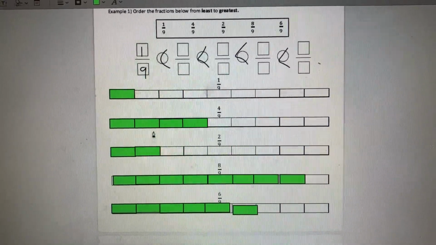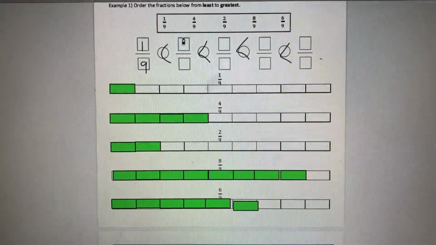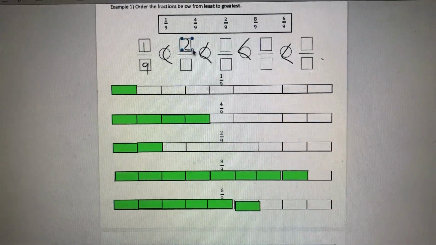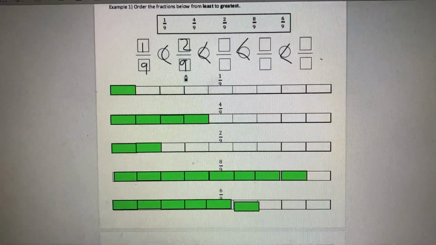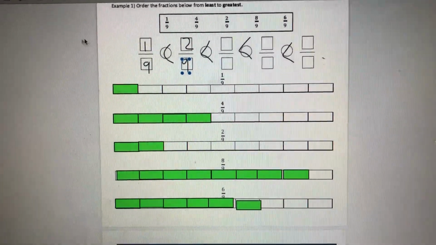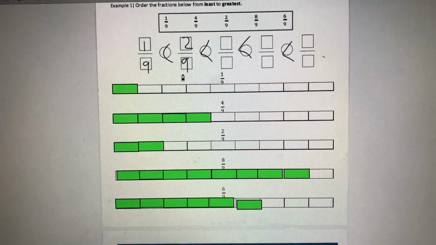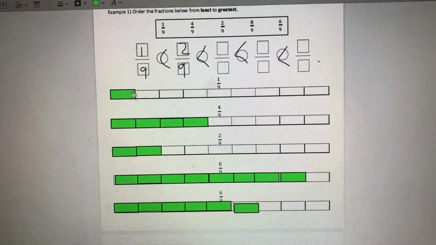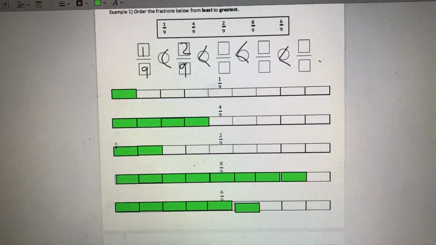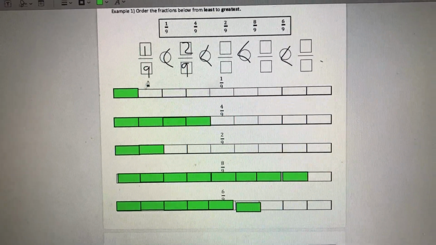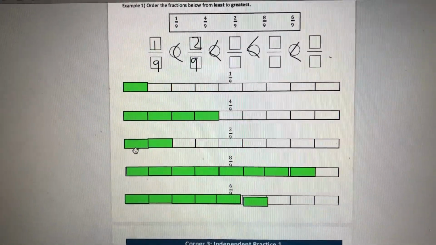I see my next smallest fraction is 2/9. So right here, if I were to read just this inequality symbol, it would say 1/9 is less than 2/9, which is true. We see one orange block here for 1/9 is less than 2 green blocks here for 2/9.